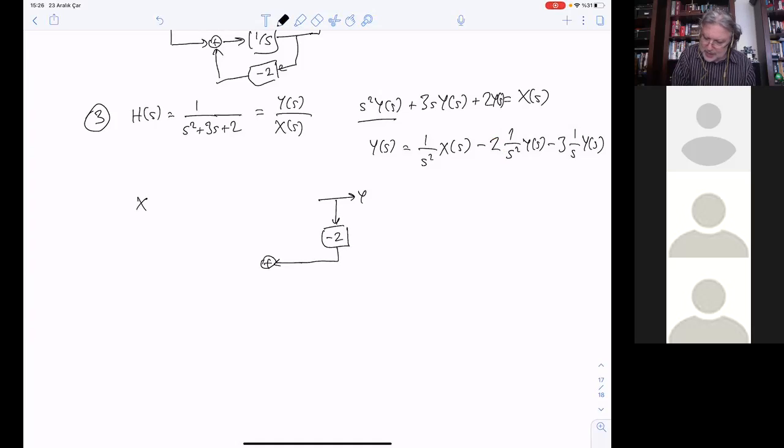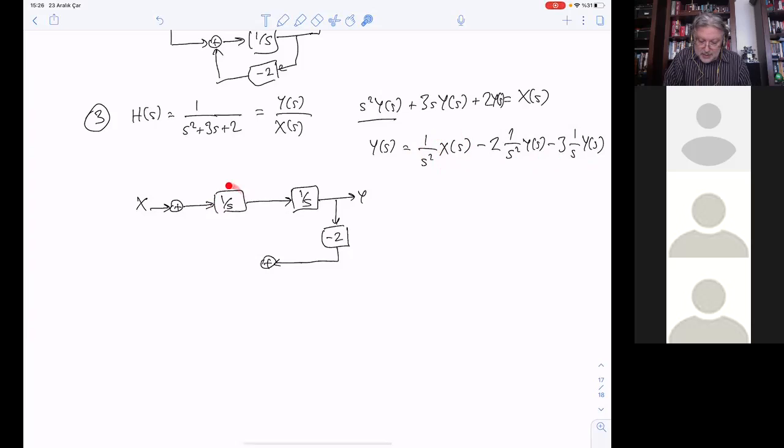We have an input x, by the way, and x goes into the integrators actually twice. Why? Because as you see, there's a 1 over s squared times x of s. Of course, there are other components as well, but x of s is integrated twice.